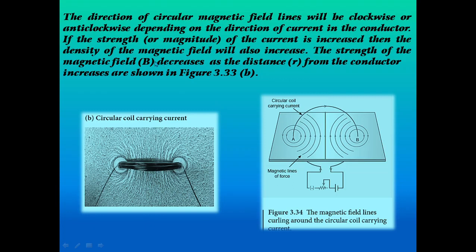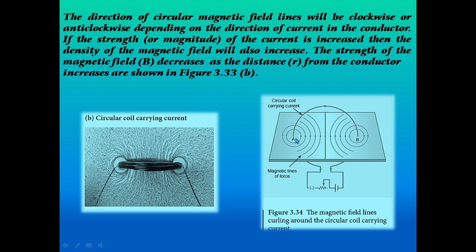Next, the direction of the circular magnetic field lines will be clockwise or anti-clockwise depending on the direction of the current in the conductor.